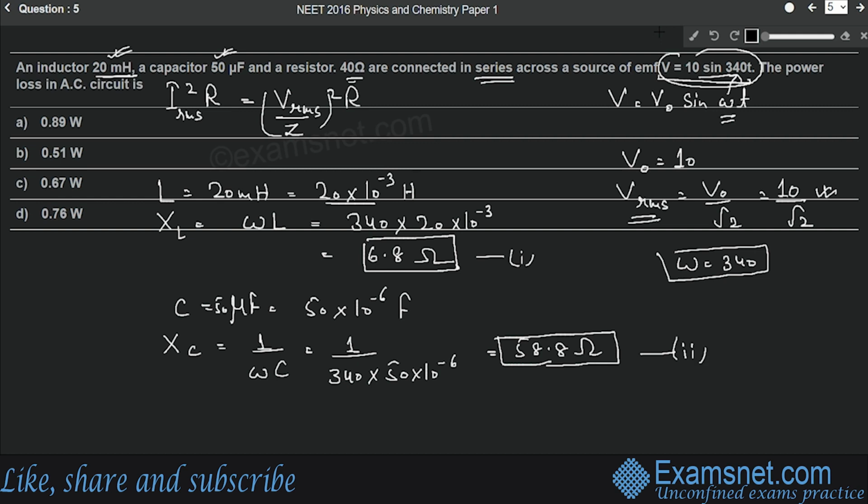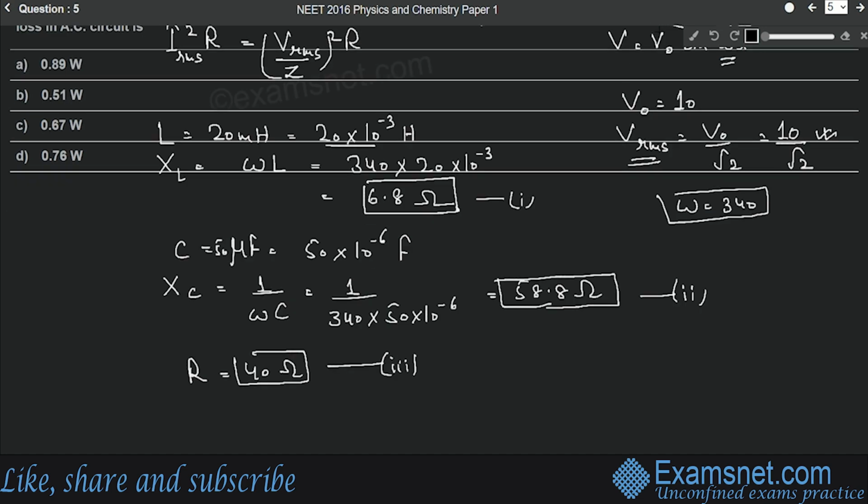And resistance is given as 40 ohm in this question. So the value of R is 40 ohm. So this is number 3. Now using these 1, 2 and 3, we can find out the value of impedance, that is Z. Impedance Z is given by the formula, under root R square plus XC minus XL whole square.